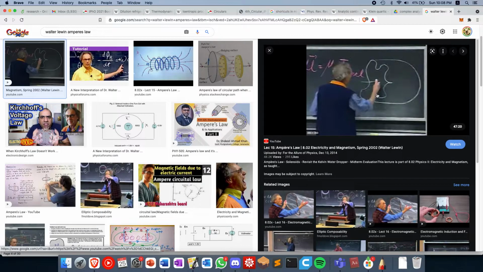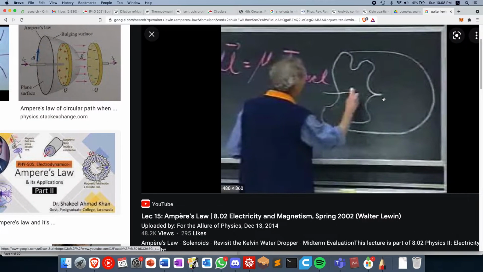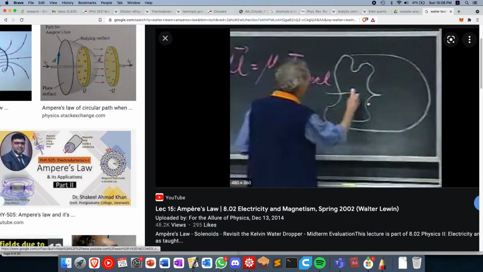He draws this diagram, right? This curly thing over here is a loop, and then this is a surface that you attach to it. So the current is the current that penetrates through this surface.